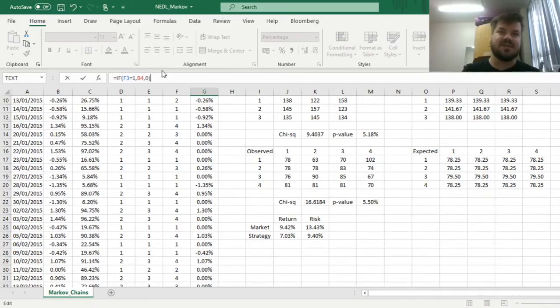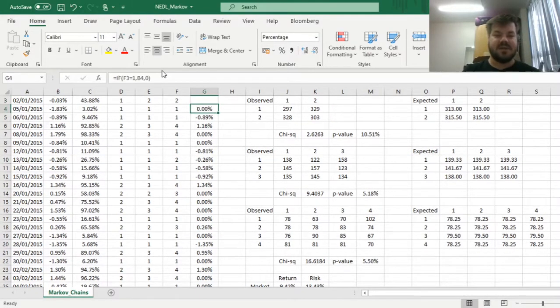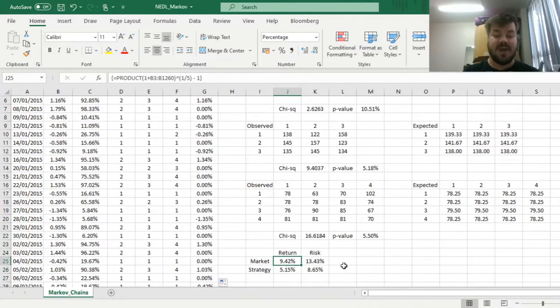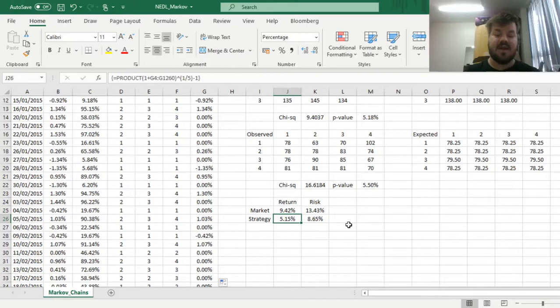Let's see what this strategy delivers. Let's enforce this formula and drag it all the way down, and all the formulas will be recalculated automatically. And we can see here that this strategy delivers even lower return, but it also reduces risk. But the reduction of return from 7 to 5% is quite material.